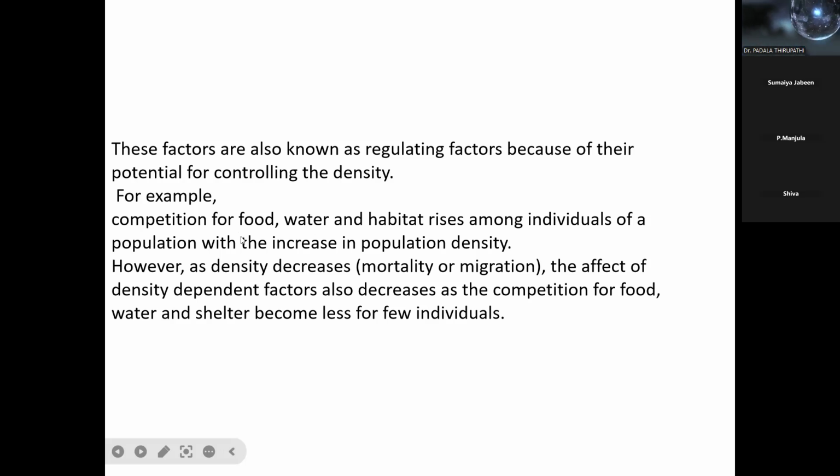For example, competition for food, water or habitat rises among the individuals of a population with the increase in population density. However, as density decreases, the effect of the density dependent factors also decreases, as the competition for food, water and shelter becomes less for few individuals.